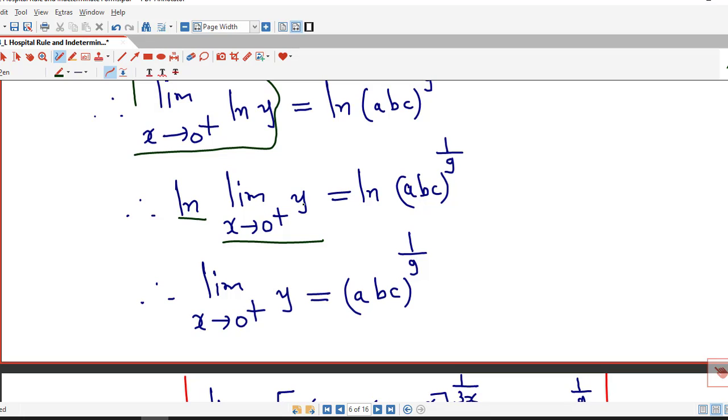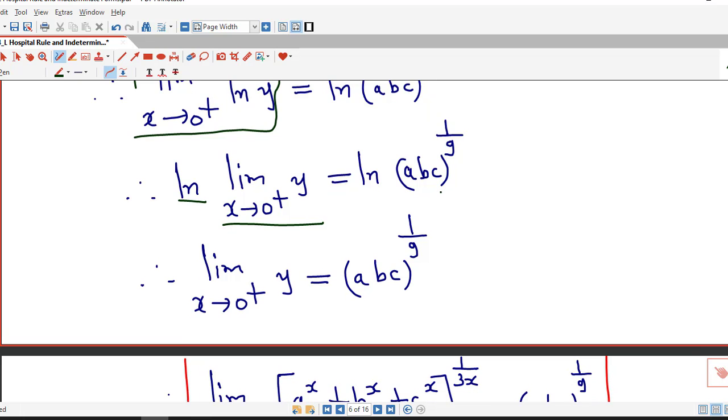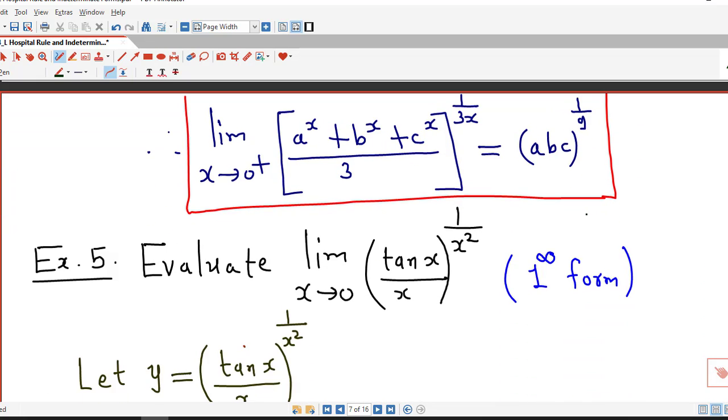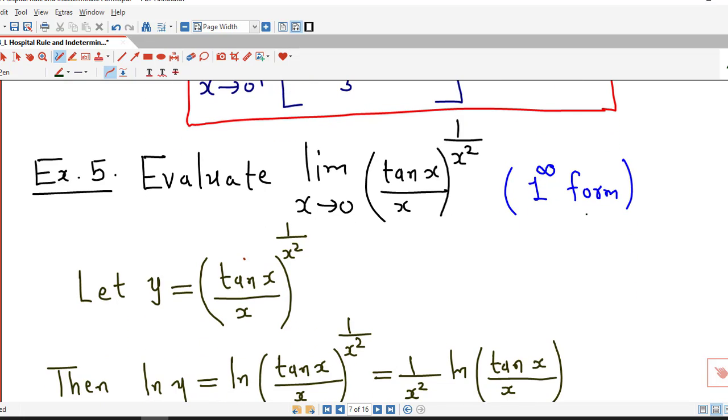So therefore the limit of y as x approaches 0 equals (abc) to the power 1/9, and finally we have to put the value of y, which is ((a^x + b^x + c^x)/3) to the power 1/(3x), which is (abc) raised to power 1/9. So these are the examples related to indeterminate powers.